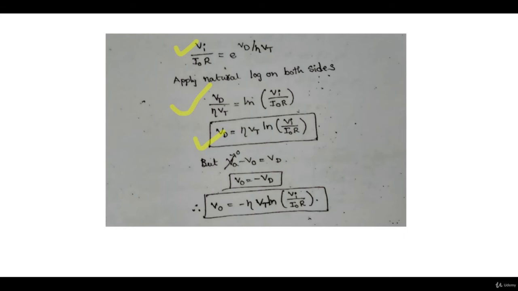So you will get Vd is equal to eta Vt ln of Vi divided by I naught R. Okay, but also you have seen Va minus V0, if you apply the voltage, that is Vd. Okay, Va is 0, so V naught will be minus Vd.